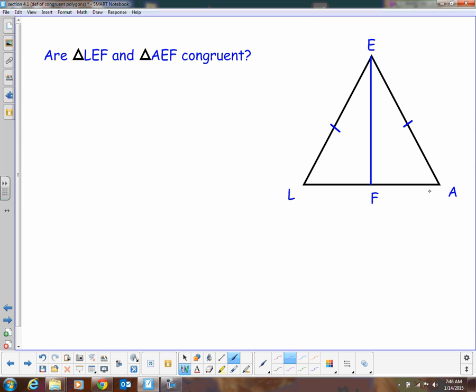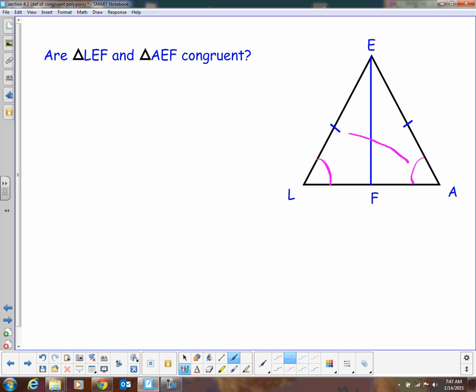If EL and EA are congruent, what angles are congruent? Anybody know? We want an angle. Why is L congruent to A?